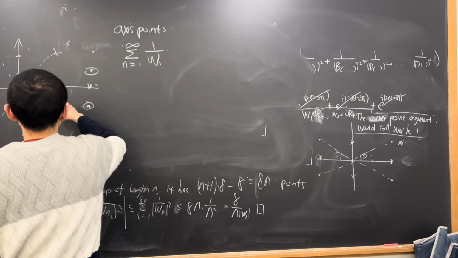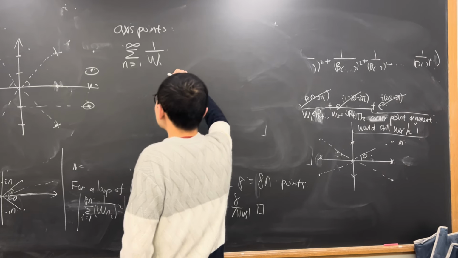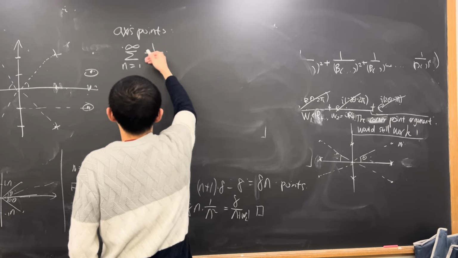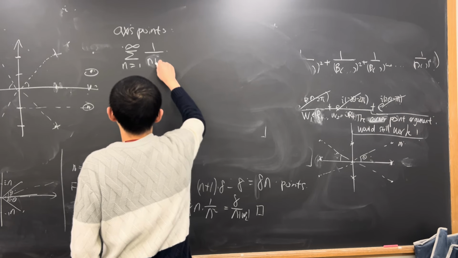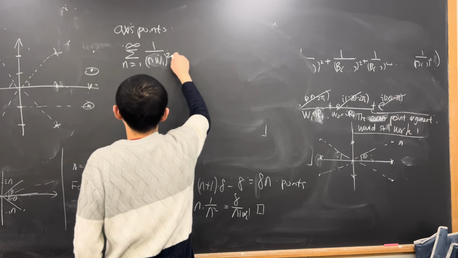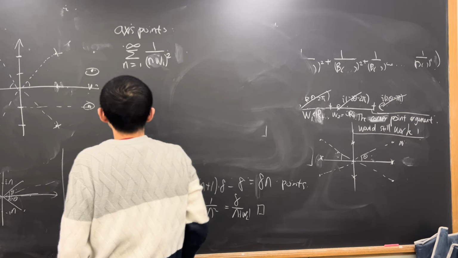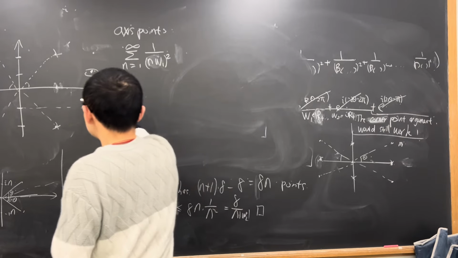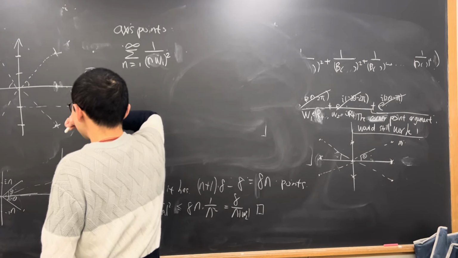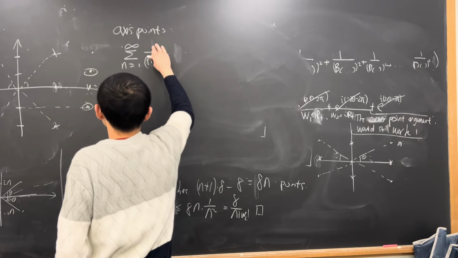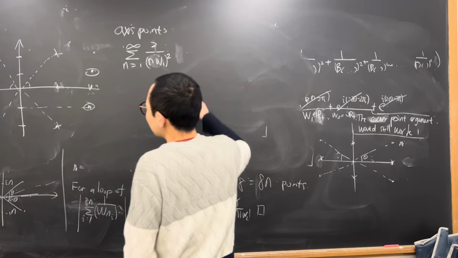So the sum over n of omega 1 squared, so this is this point. And then times the other endpoint, right? So the other endpoint after squared, they have the same value.